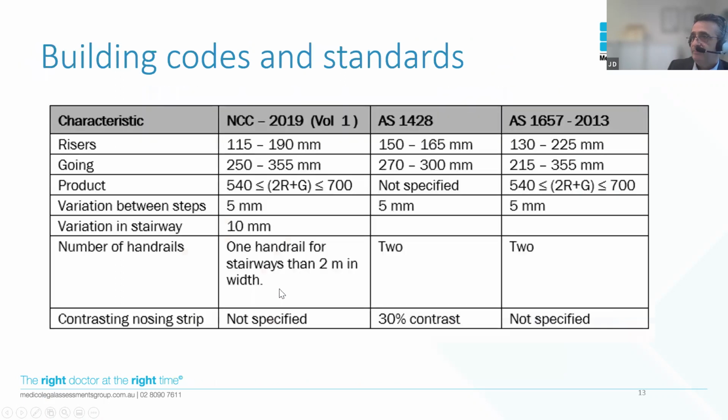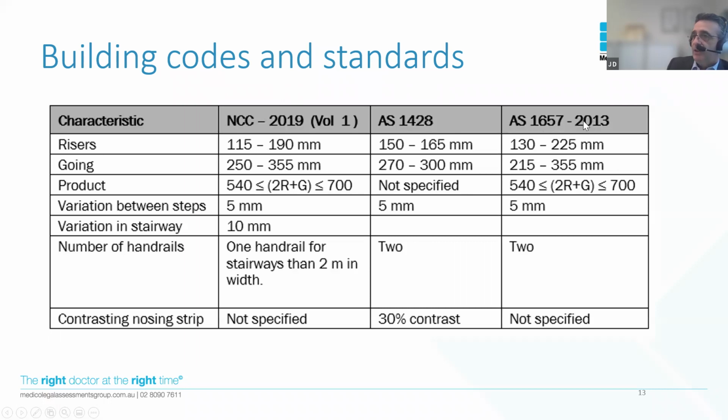With respect to the standards requirements, with respect to dimensions and variations, there are various standards applicable depending on the type of stairway. The BCA, the Australian Standard for Disability, and also industrial stairs, which is AS 1657.